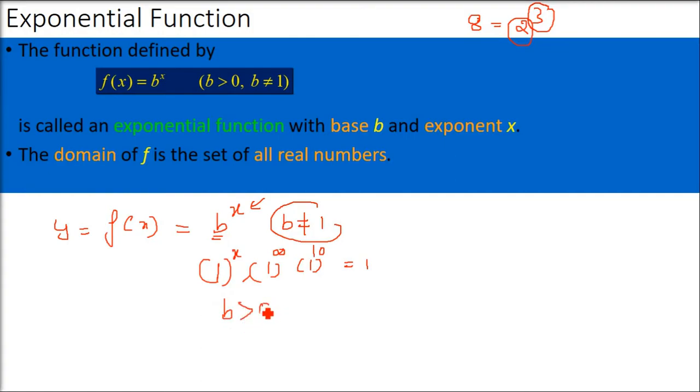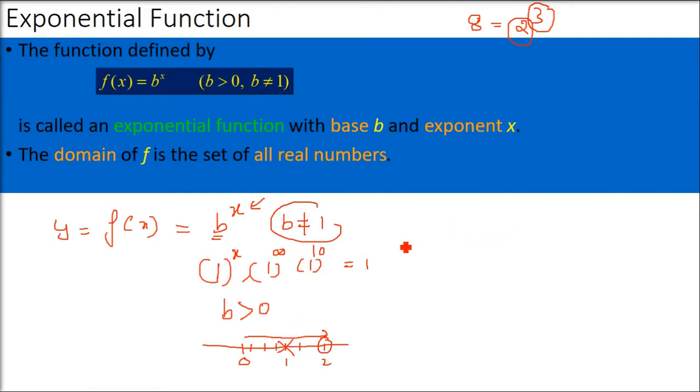The second thing here is b has to be greater than 0. That is, b can be greater than 0, it should not be 1, and after that it can be any number. Between 0 and 1 it is also possible.